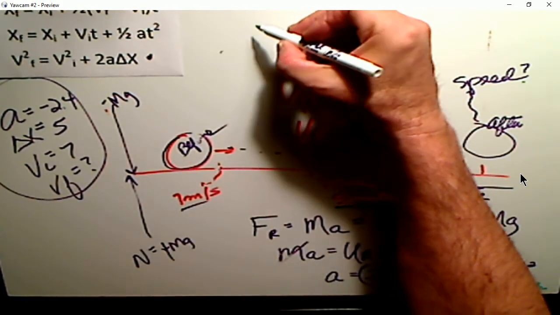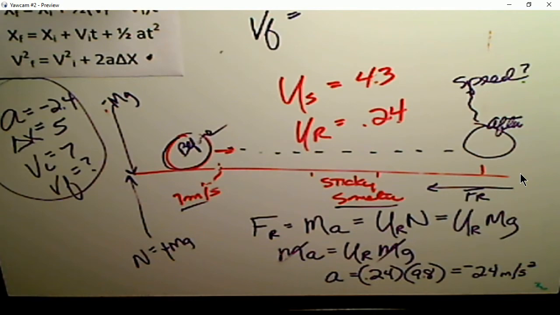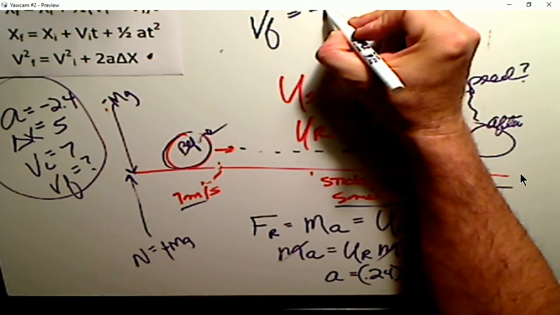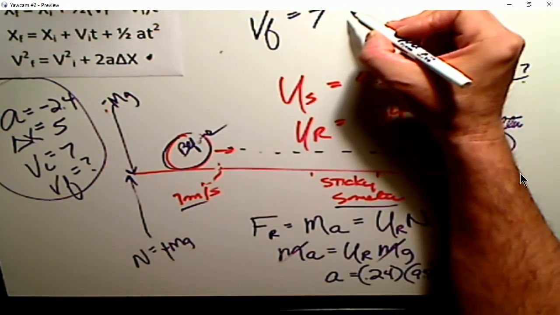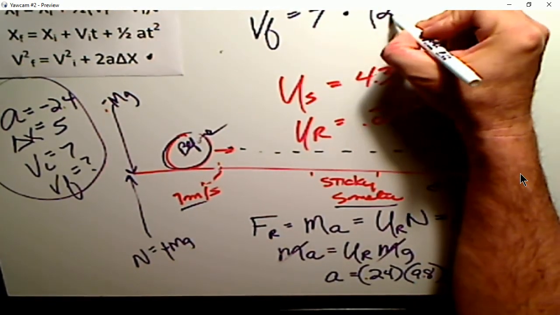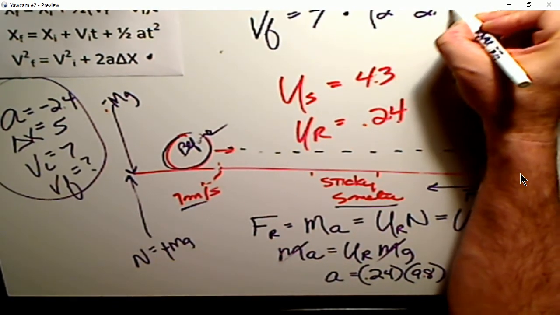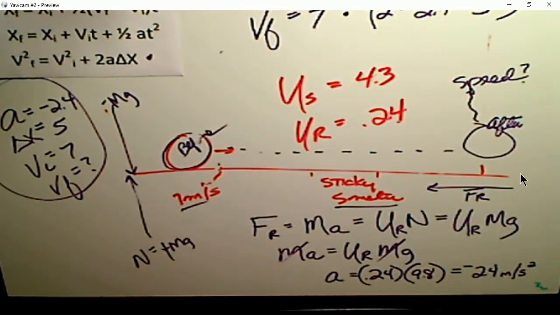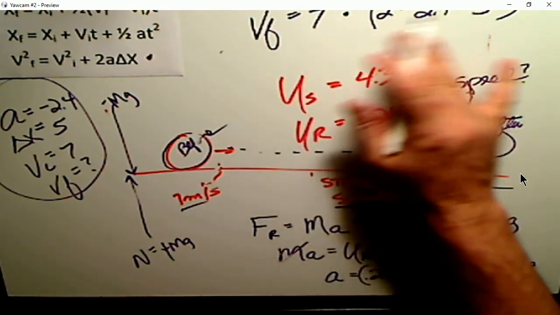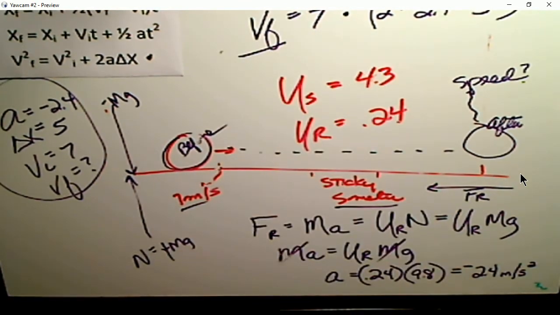So we want velocity final squared is equal to velocity initial squared plus 2 times negative 2.4 times 5. So whatever that is, take the square root and you're going to get the final velocity. I'll leave that to you to get that answer.